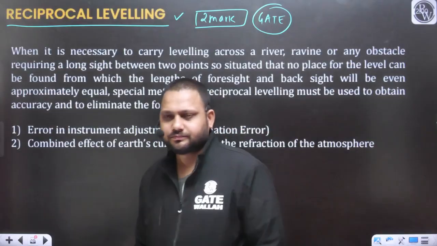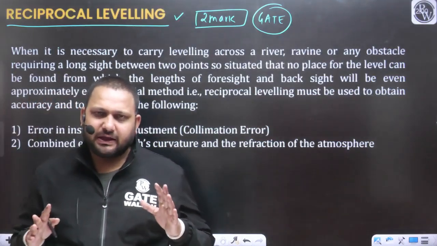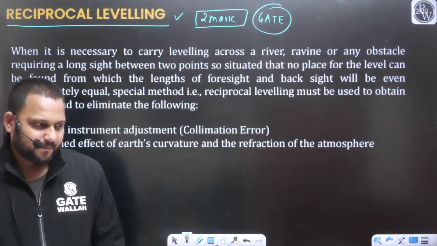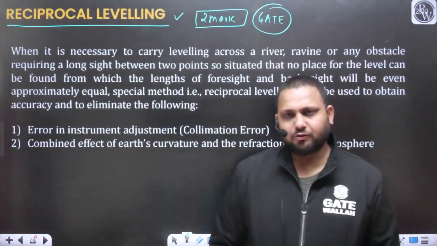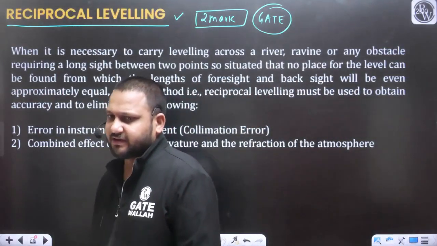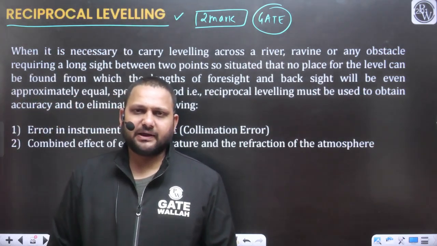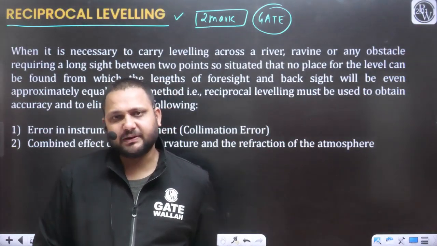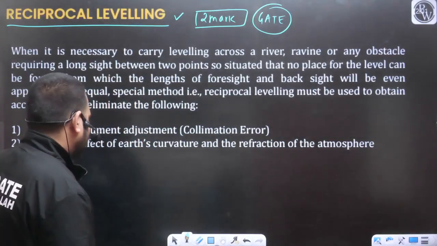Yes or no? So, as we know, as the distance between the level and the staff increases, there will definitely be a large error, and for that we need to apply the curvature correction and refraction correction, or simply the combined correction. But when are we going to use this method of leveling, the reciprocal leveling? First try to understand this point.